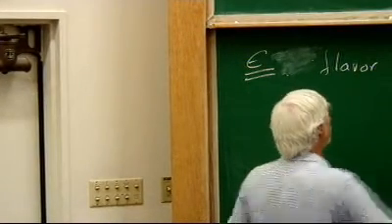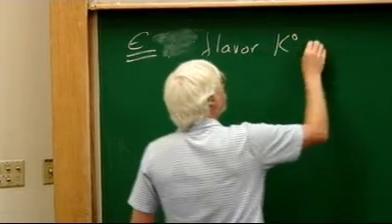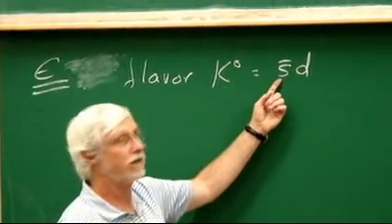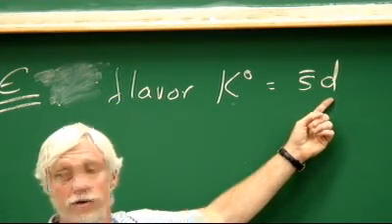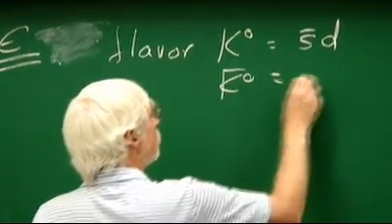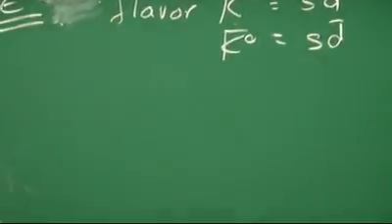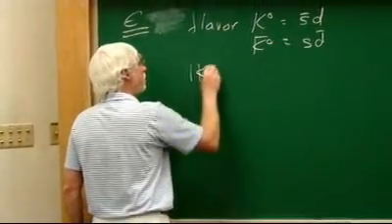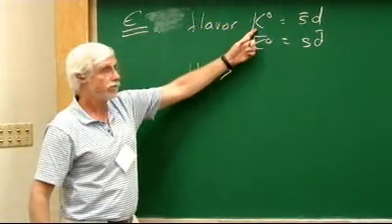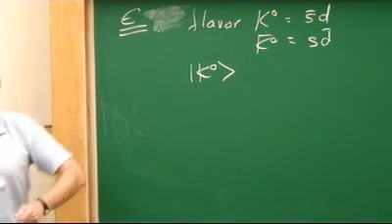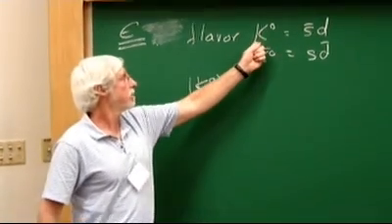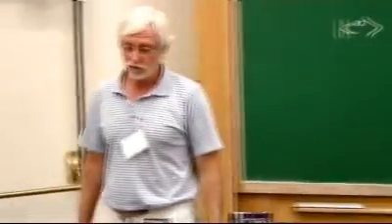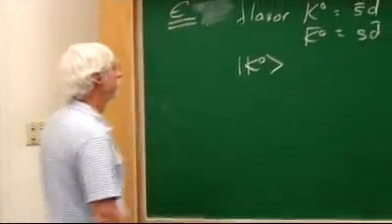We've never understood why they would use that terminology, but flavor eigenstates, whereby you mean that the K0 is something that has the quantum numbers of an anti-S quark and a D quark. And the K0 bar has the quantum numbers of an S quark and an anti-D quark. And so you can look at the K0 as the state, if you want to be a purist, in the absence of weak interactions that will make it decay, the lowest energy state with those quantum numbers.